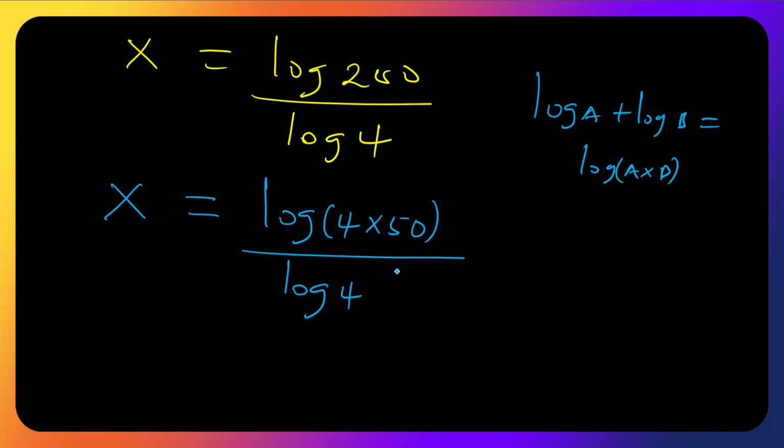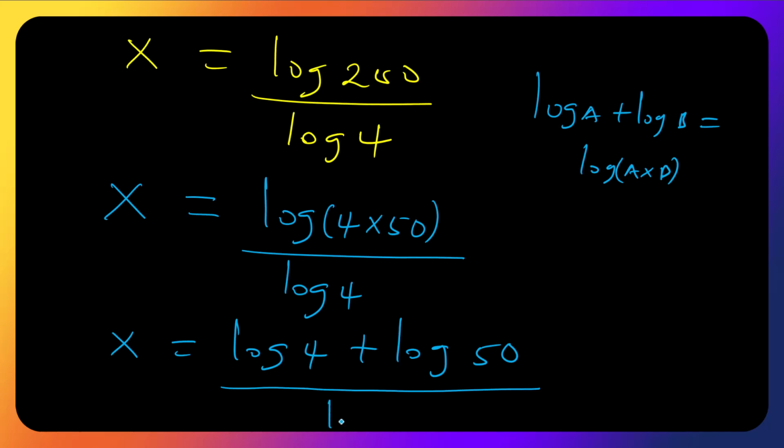So we have similar one here. That will be log 4 plus log 50 over log 4. So this side will be log 4 over log 4 plus log 50 over log 4.